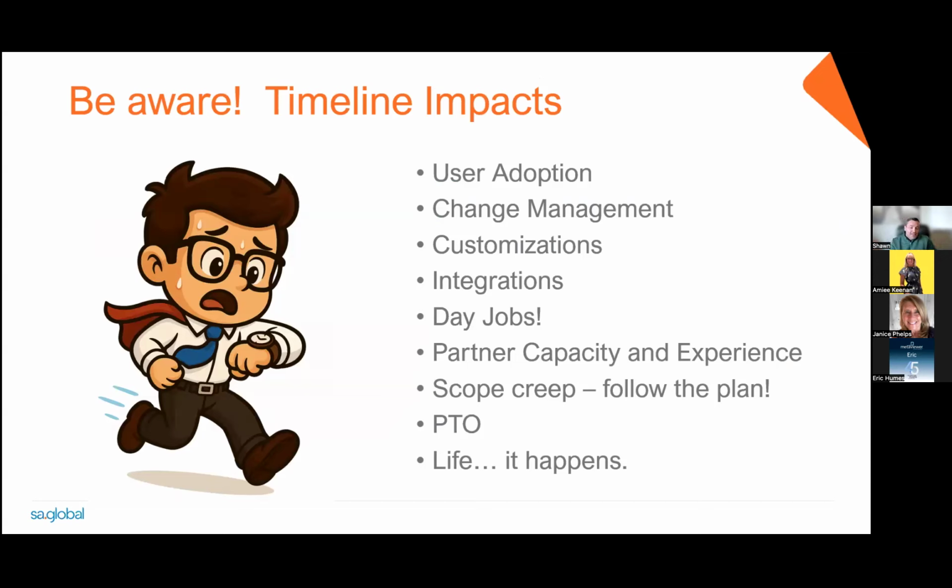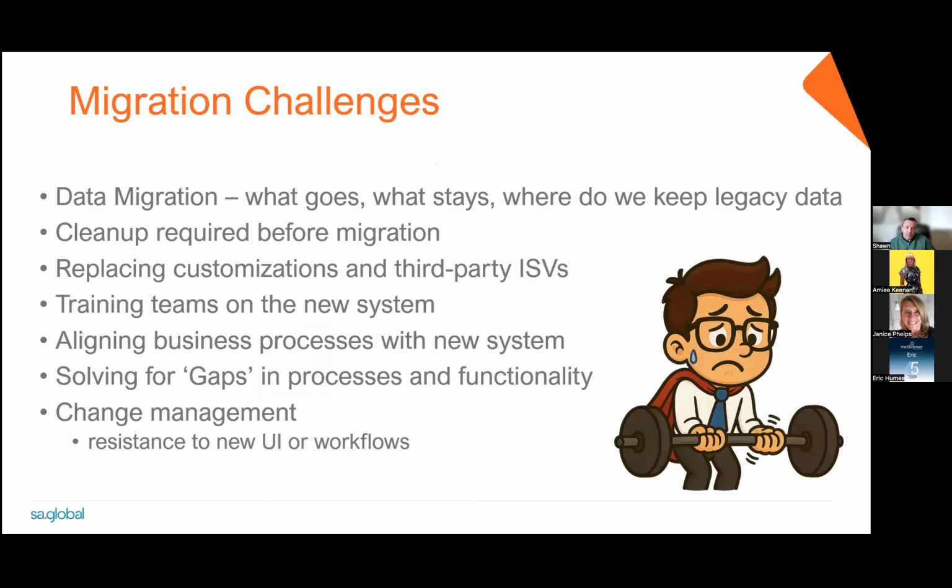Change management. Everybody has a day job at your organization and you're moving from one tool to another. So it's going to be difficult. So you need to make sure you're prioritizing this project. PTO and life, it happens, right? People get sick and things like that. So timeline impacts matter.